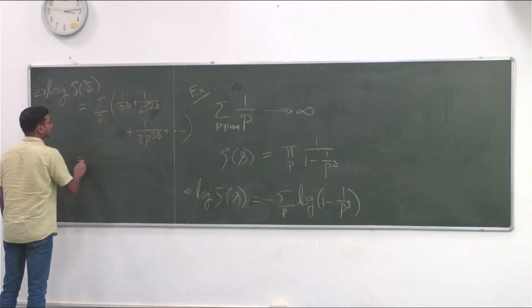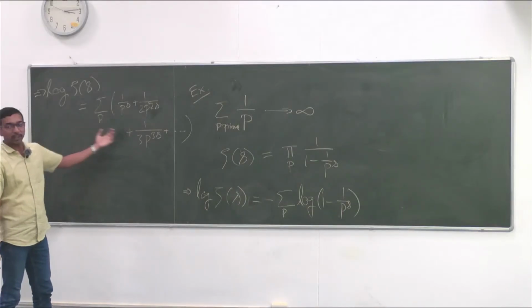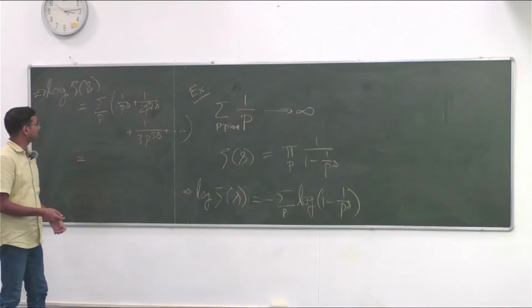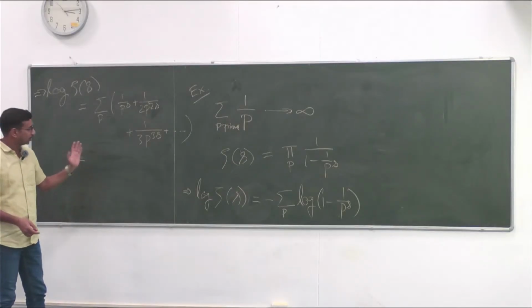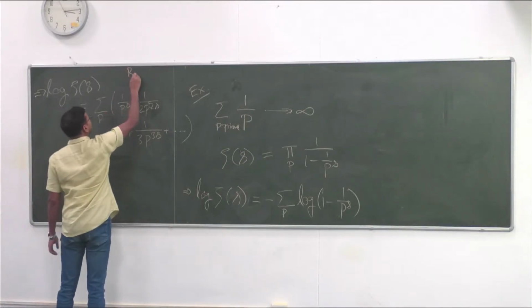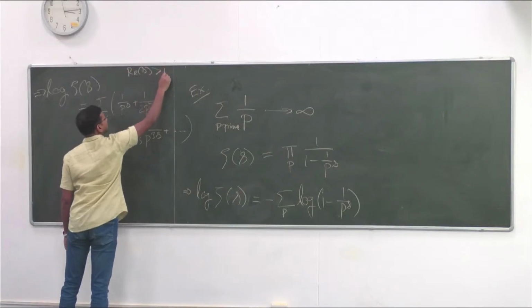And now you said that you want to separate the two things, and you can do that because of the absolute convergence. You are still in the part that real part of s is greater than 1.